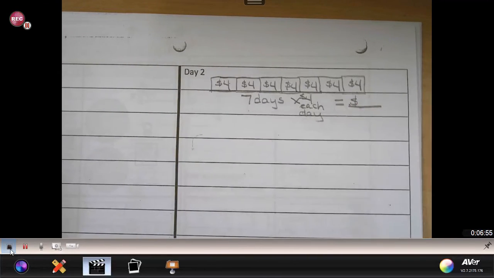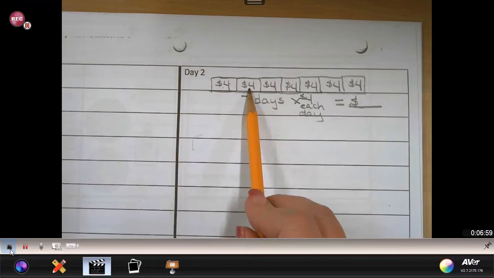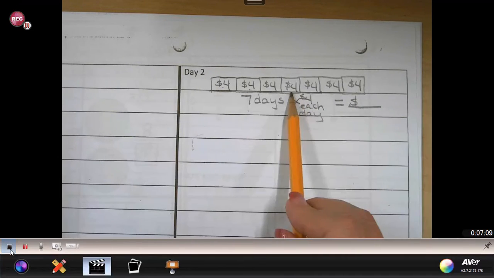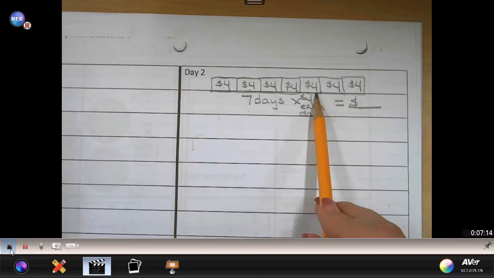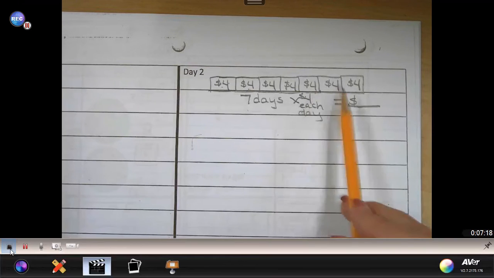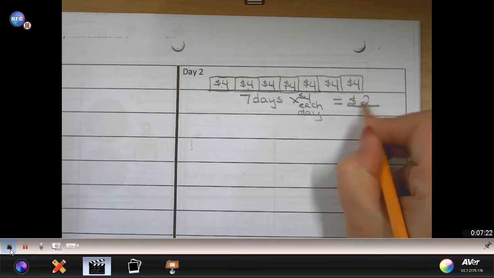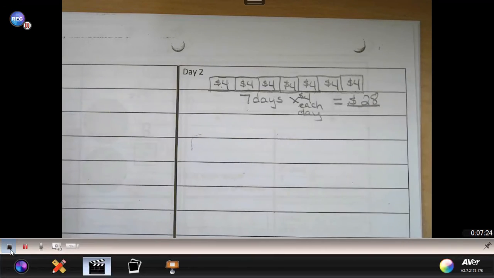So 7 groups of 4 is 4 plus 4 is 8, plus another 4, 12, plus 4 is 16, plus 4 is 20, 24, and 28. So for his household chores, he earns $28.